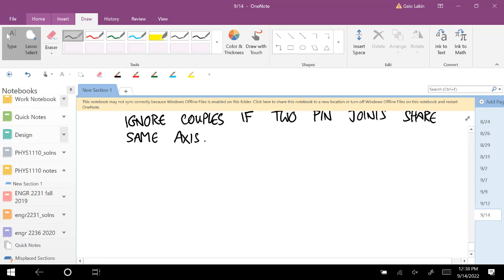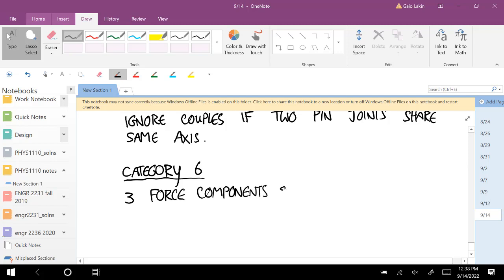And the last one is easy. This is just a fixed joint, because if you restrict all 6 degrees of freedom, the thing just can't go anywhere. So this is 3 force components and 3 couple components.